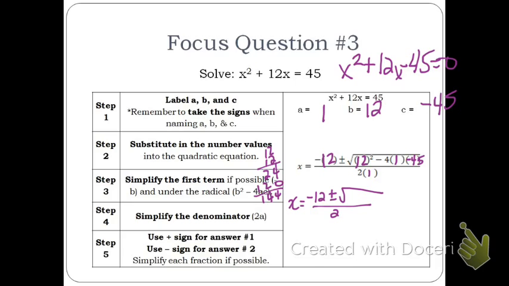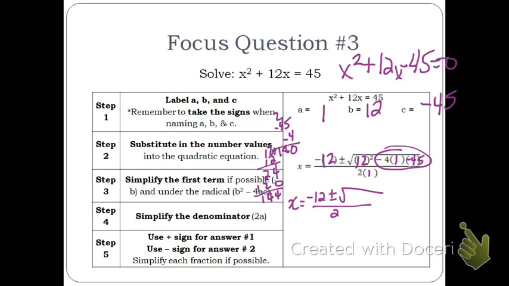Hold that thought for a second, then I had to find out what -4 times 1 times -45 is. So -4 times 1 is -4, -4 times -45, 20, 16, 17, 18. Negative times a negative is a positive.